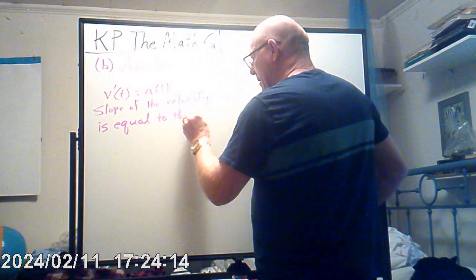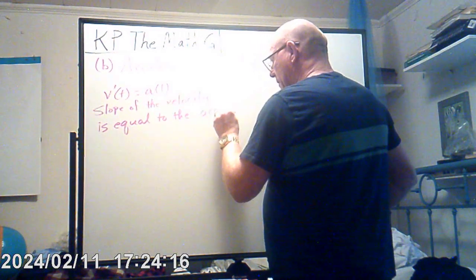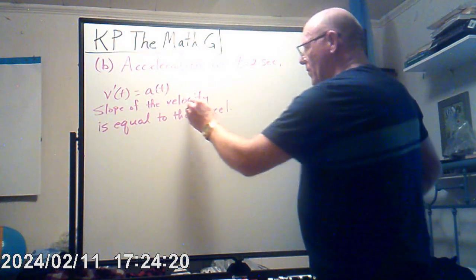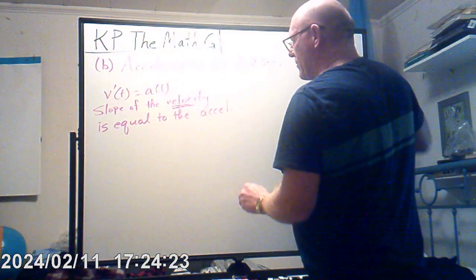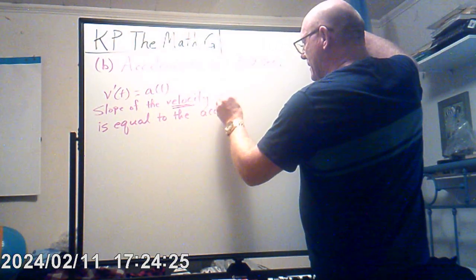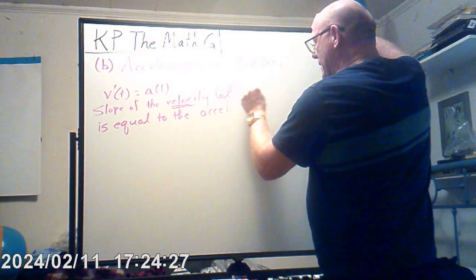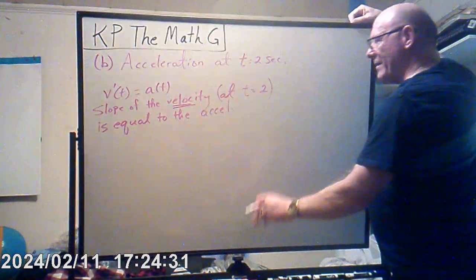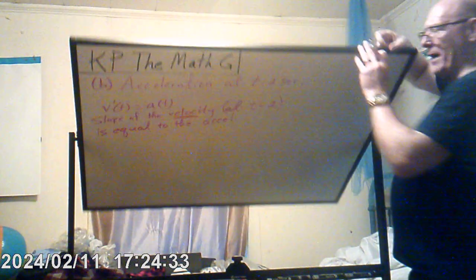So I want the slope of the velocity at t equals 2. Well, let's flip this back over. I think we can get this answer, and I'll flip it back over.